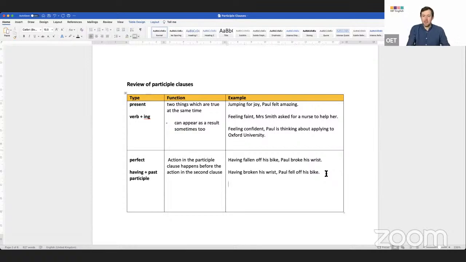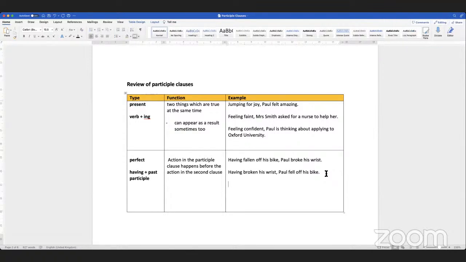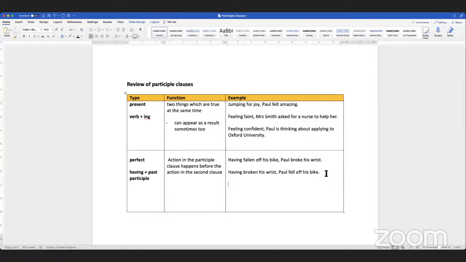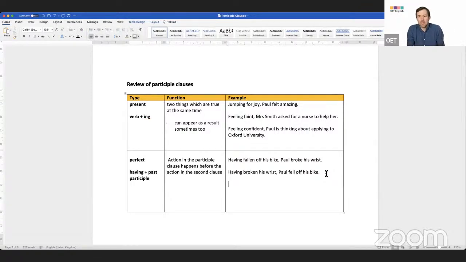I would say that using the perfect participle is probably something where the examiners say, okay, this person understands how to sequence their language in a way which is quite good. I would say it's a higher level of writing than using because.